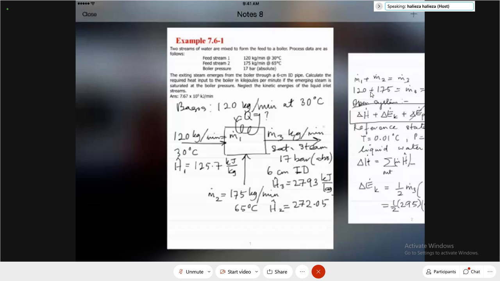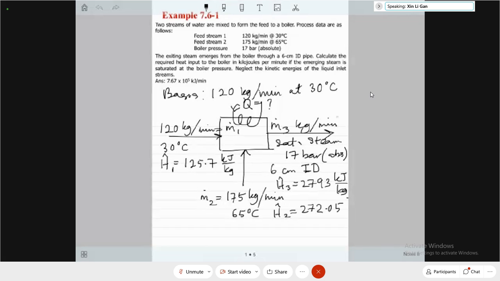Any other questions? Doctor, for the enthalpy of the inlet, I got 271.9 if I use the pressure table, not the temperature table. You are referring to the 30 degrees C and 65?